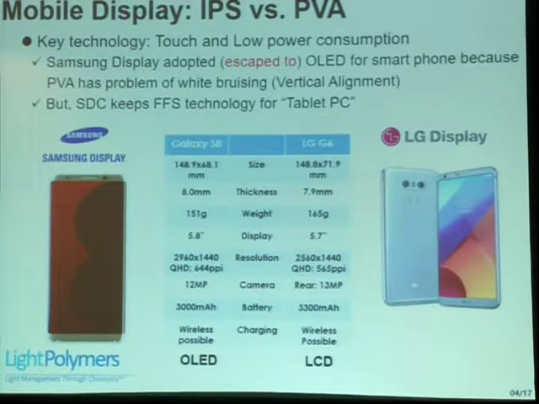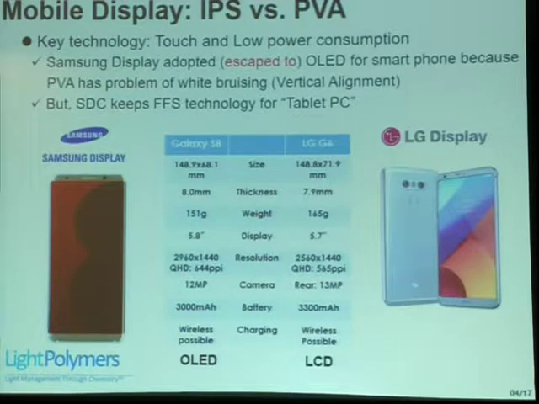In the vertical alignment mode, the liquid crystal is aligned vertically. When you touch the panel, the liquid crystal aligns in parallel, and there is white bridging. So the VA mode cannot be used for mobile display.